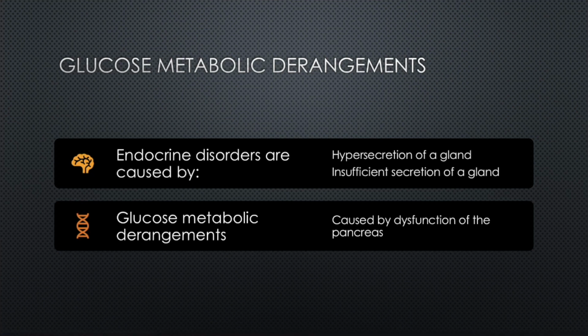Glucose metabolic disorders are caused by dysfunction of the pancreas. Remember that the pancreas is where we get either glucagon or insulin, and when you have an issue with the pancreas, it impairs the body's ability to metabolize glucose.